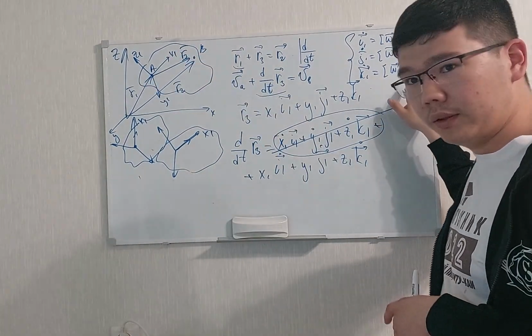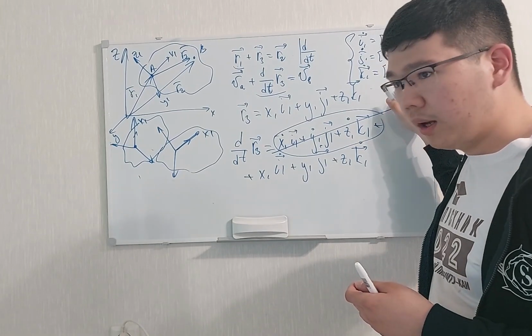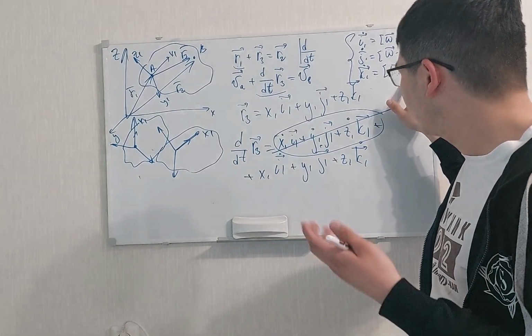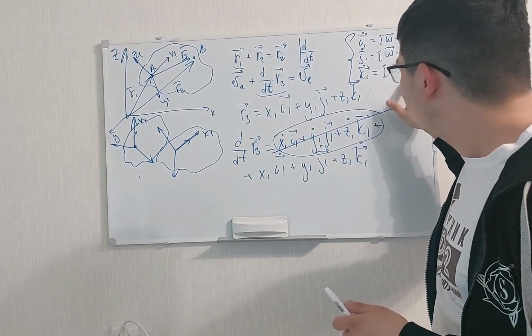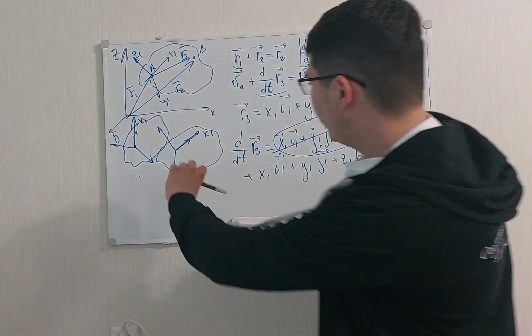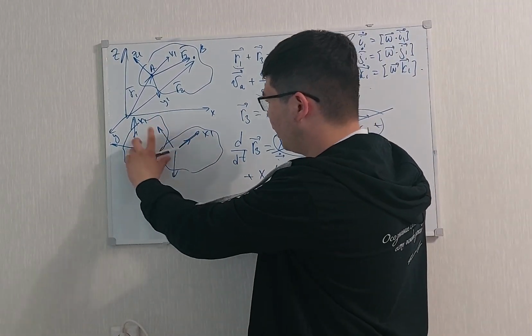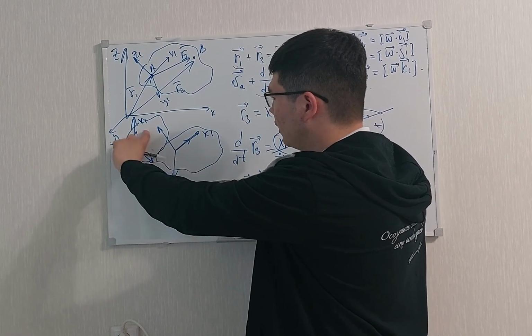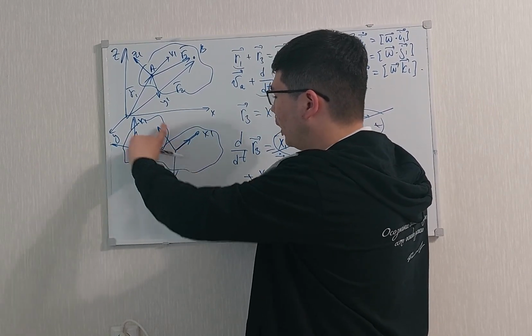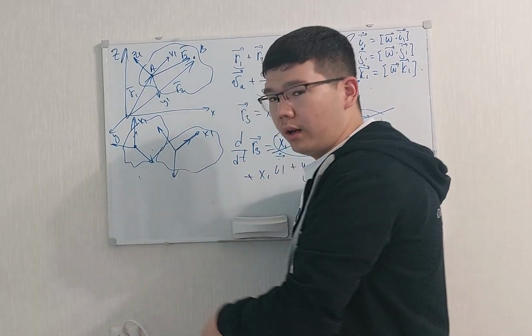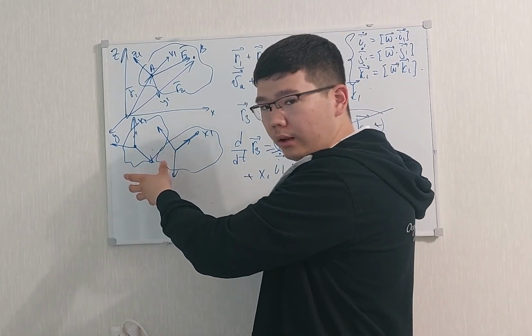How can we understand it logically, just using physics? If we rotate this body, the coordinate axes x1, y1 and z1 rotate in the very same way.